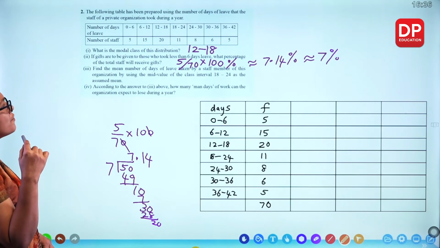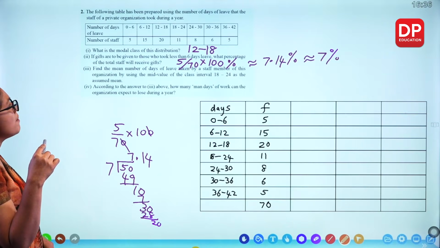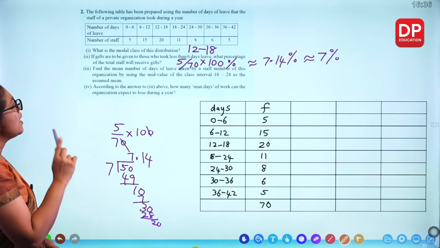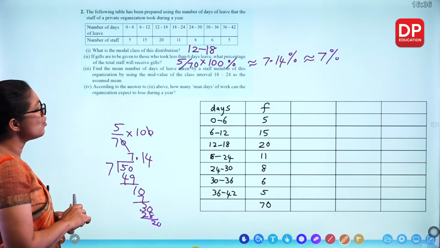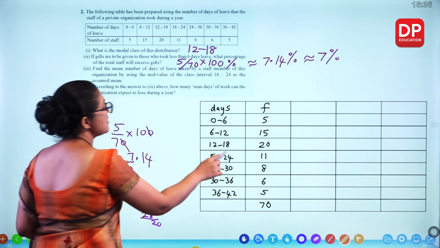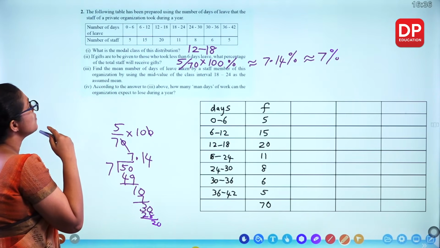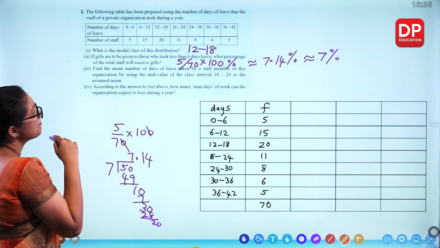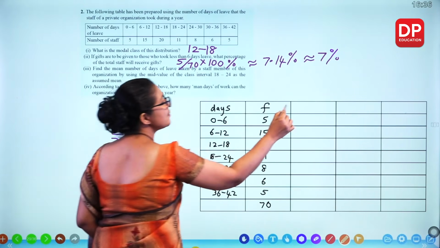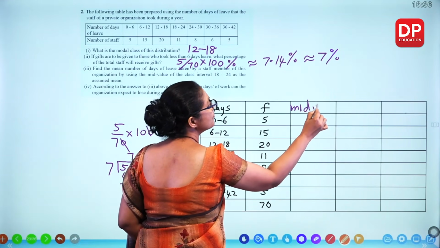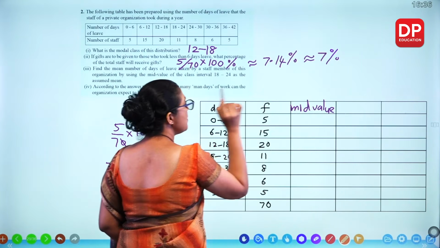Find the mean number of days of leave taken by a staff member of this organization by using the mid value of the class interval 18 to 24 as the assumed mean. So we'll calculate the mid values first. How do you calculate the mid value?